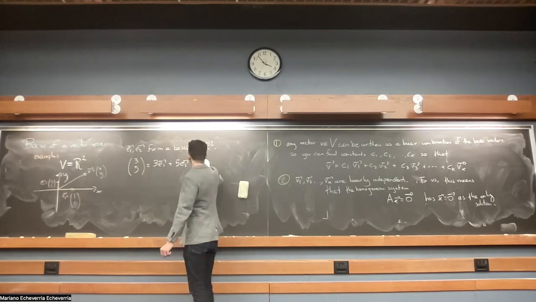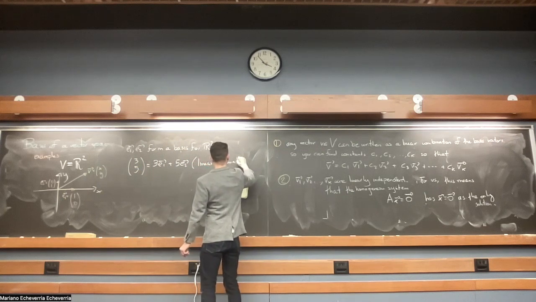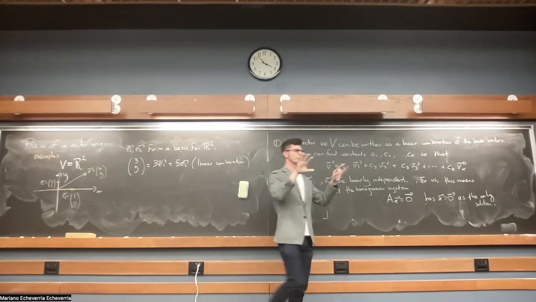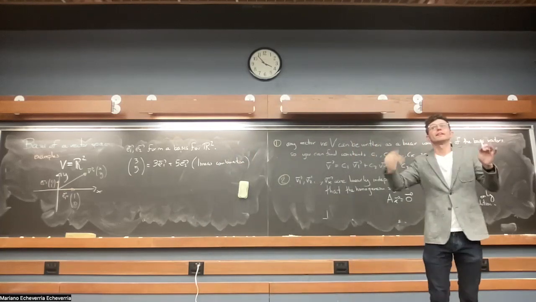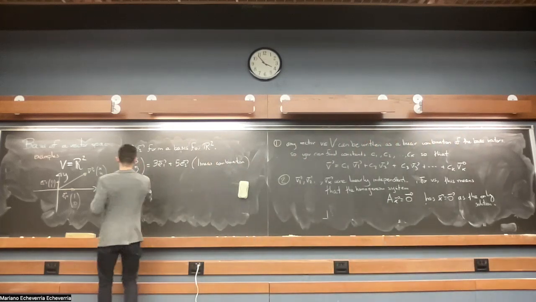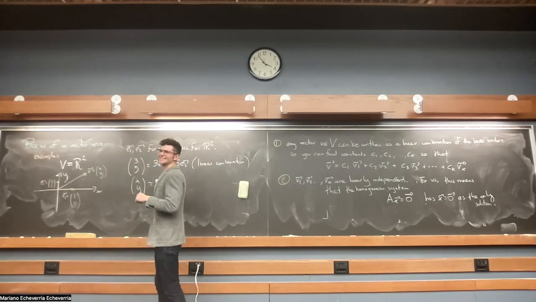Is that making sense? And then if it had not been 3, 5, but x, y, what should this be equal to? It's just x E1 plus y E2.